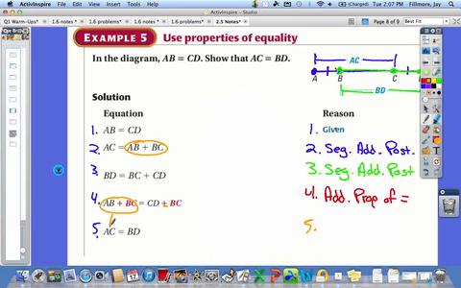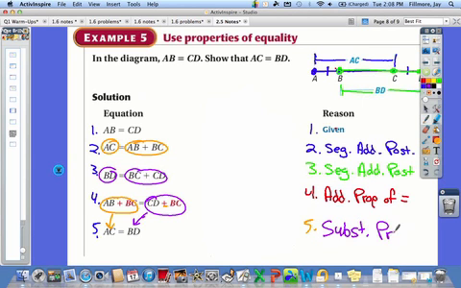So this guy turned into AC. Similarly, we went from CD and BC to BD. Well, CD plus BC equals BD. So instead of writing this whole thing, we just wrote BD instead. So for that, we just substituted. Use the substitution property of equality.